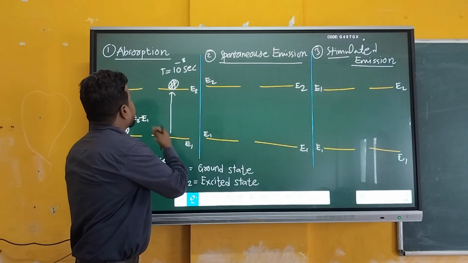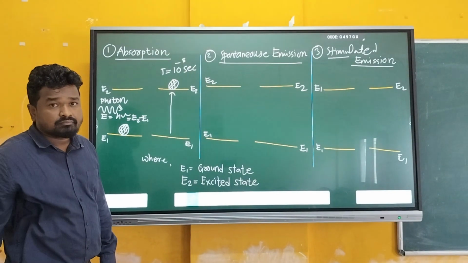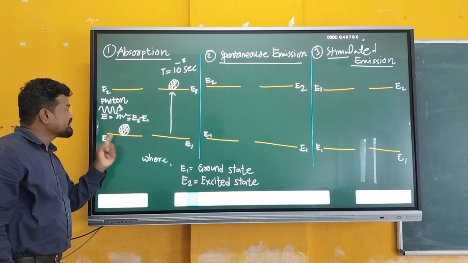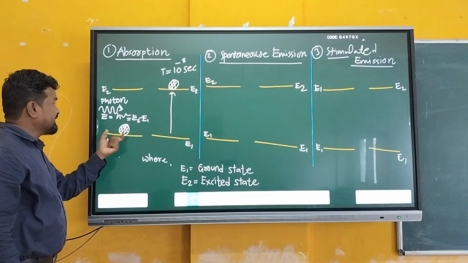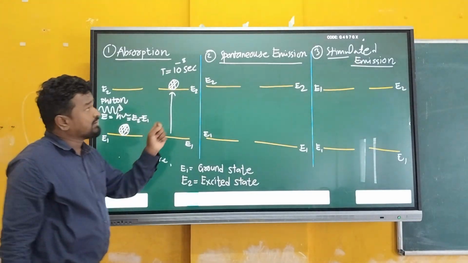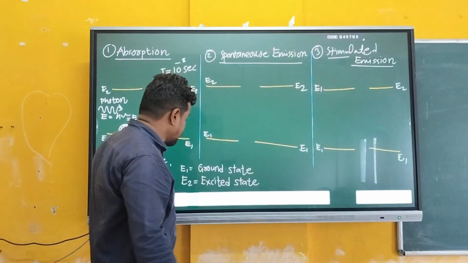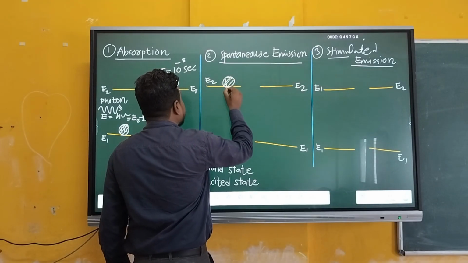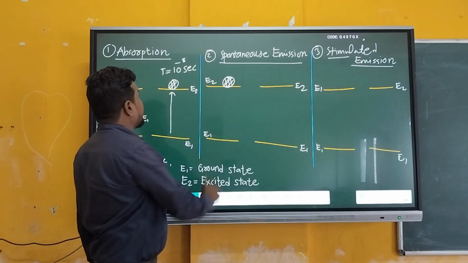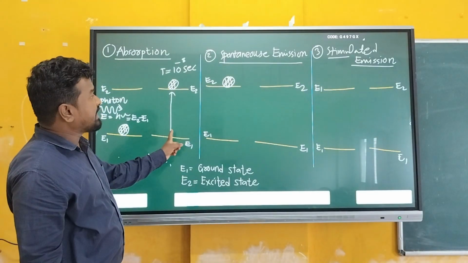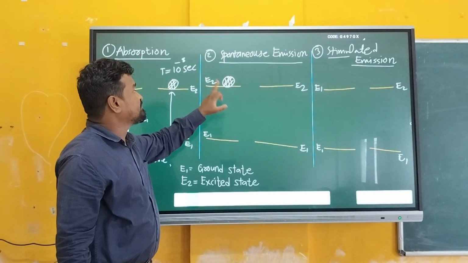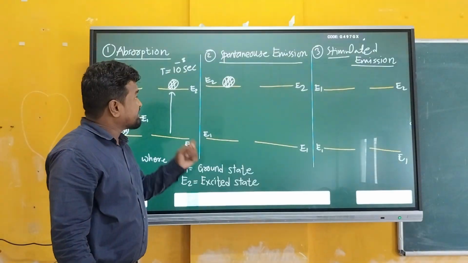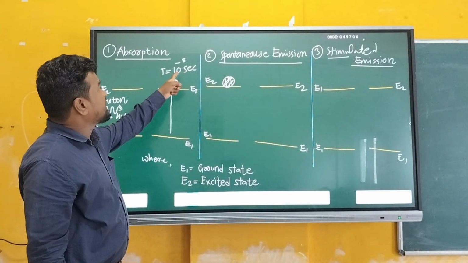This state comes after the absorption, because you see in the first diagram of absorption the electron is at the ground state, but in the first diagram of spontaneous emission, the electron is at the excited state, and this state comes after the absorption.